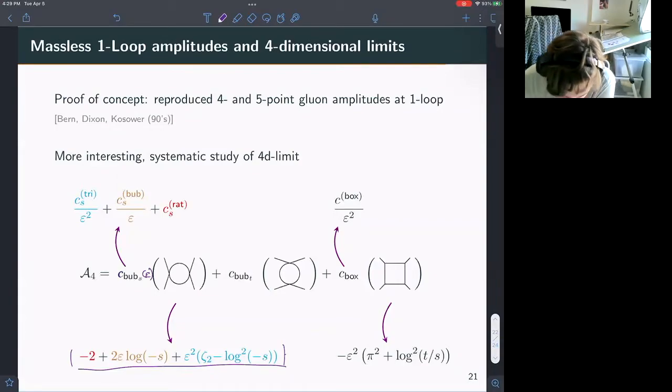And we notice that we only need three coefficients here to describe the finite part of this 4-point amplitude, and each one of these coefficients is multiplying an independent function.